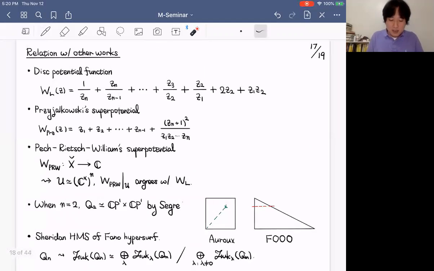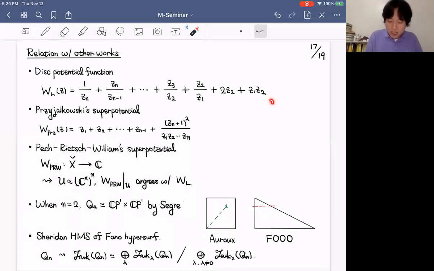Now let's talk about the relation with other works. So that's the disk potential that we have just derived. And Przyjalkowski, sorry for the bad pronunciation, wrote down the Landau-Ginzburg potential for studying the Qn quadric. The potential looks like this, and it agrees with ours after some coordinate change.